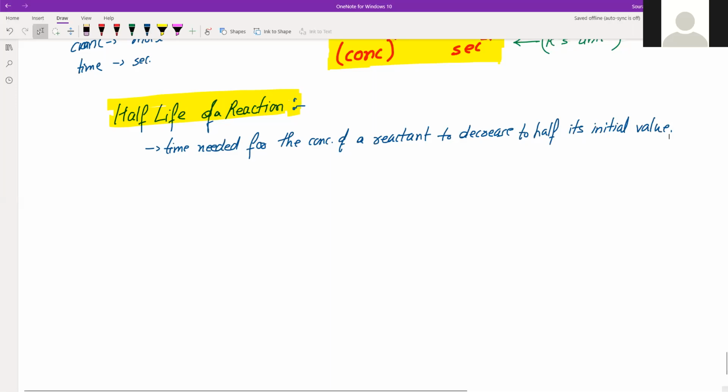So it is the time required for one half of the reaction to get completed. We can say that as well. So half of the reaction will get over. That time is called half-life of the reaction. Obviously, this is the situation when the final concentration is half of the initial concentration.